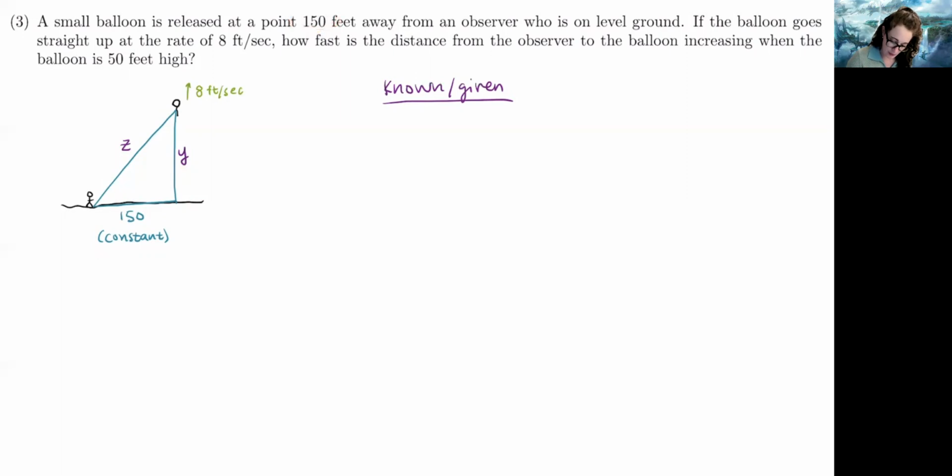It says if the balloon goes straight up at the rate of 8 feet per second. Okay, let's just stop there. So we put that here, but what is this in symbols? Right, this is related to this distance that we're calling y. So this is the rate of change of y. It's telling you how y is increasing. Well, it's getting larger at a rate of 8 feet per second. So this tells us that dy/dt equals 8 feet per second.